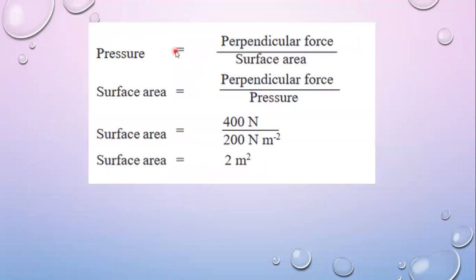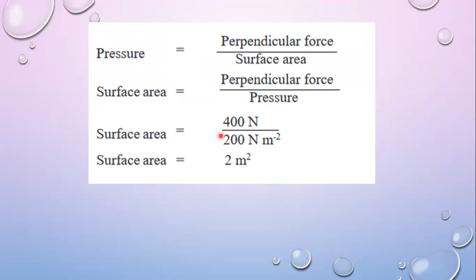As I told you, you should write this formula. Pressure equals perpendicular force over surface area. We should find the surface area. So pressure is moving here. Now surface area equals perpendicular force over pressure.